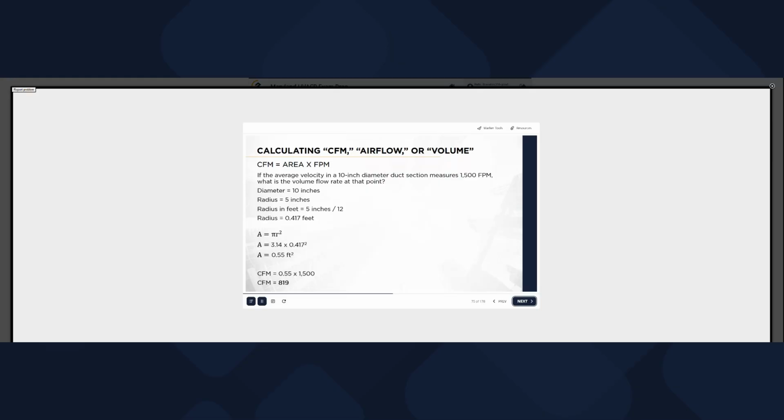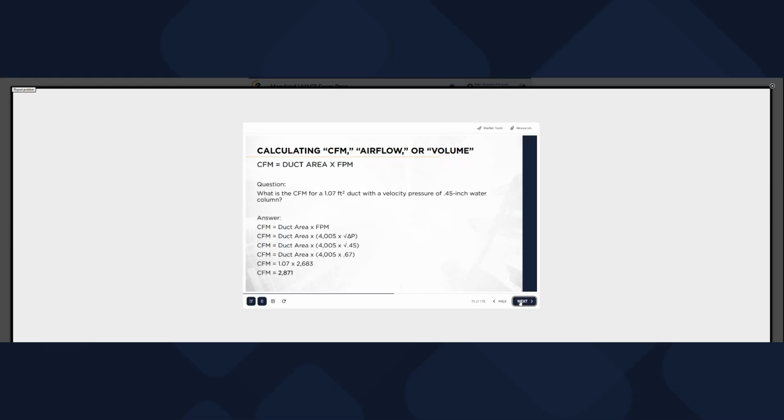Divide the diameter by 2 to get the radius. Convert the radius from inches to feet. The radius is 0.417 feet. Pi r squared makes the area 0.55 square feet. Plug the numbers into the continuity equation formula to find the answer, which is 819 cubic feet per minute.